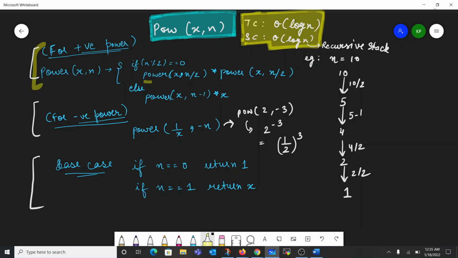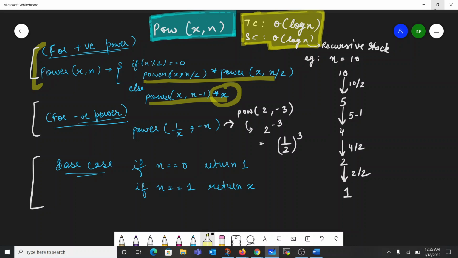In that sense, we are required to divide it into two cases. One case is when it is even: then we could simply divide the power as it is and multiply the halves together. Else, if it is an odd power, then we are not required to divide, but rather we are required to simply subtract one, and then we are required to multiply with the base.